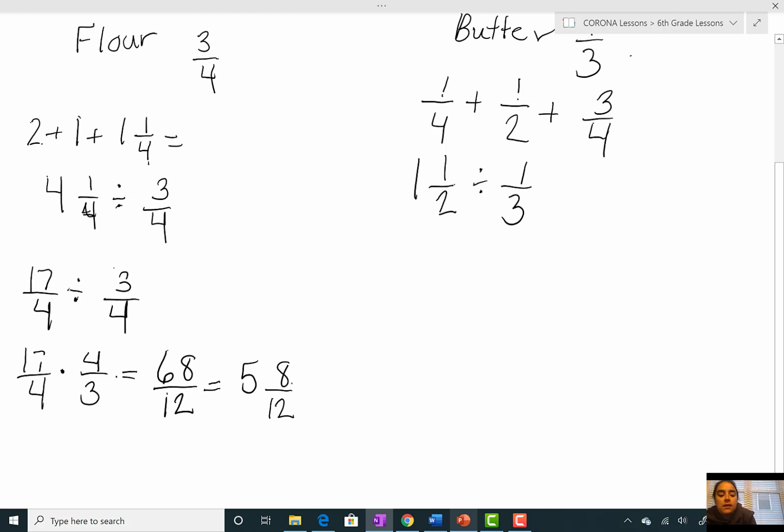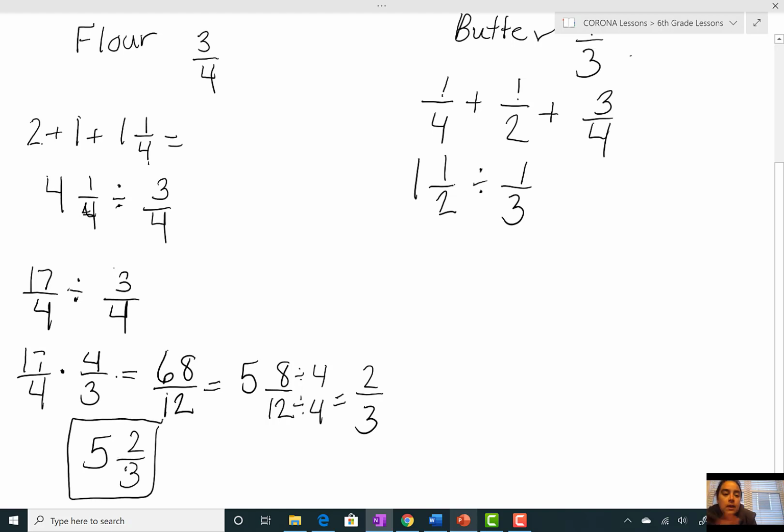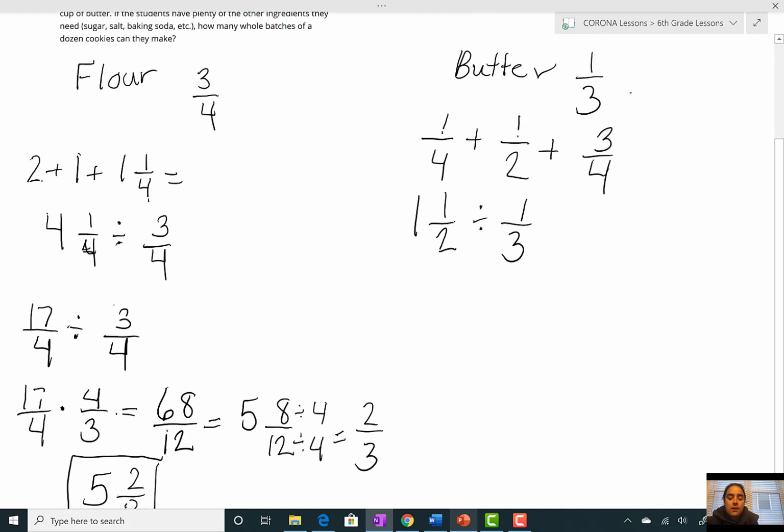If I divide this fraction by 4 to simplify it, I get 2/3. So how many batches could I make with the amount of flour I have? 5 2/3.